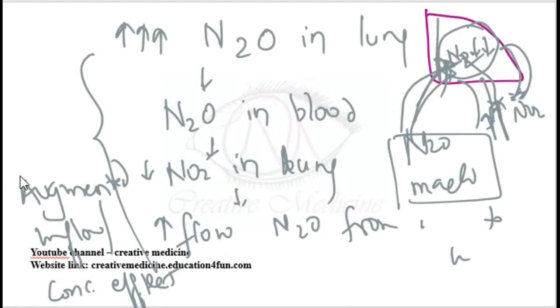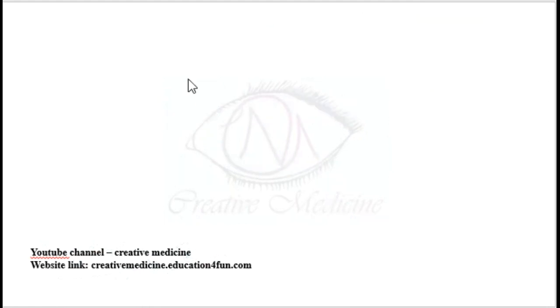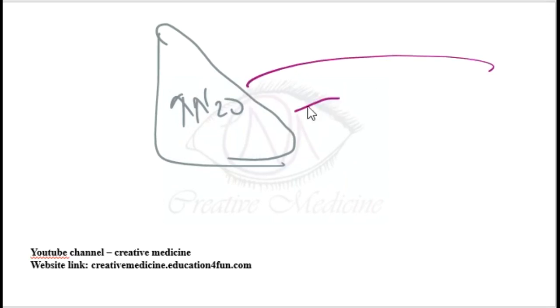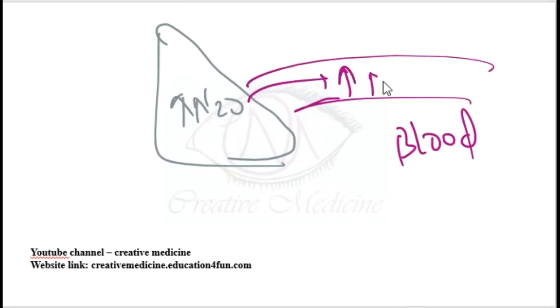Relating to nitrous oxide, we have four effects. First, there will be increased nitrous oxide concentration in the lungs. Because this concentration is more than that of blood, the nitrous oxide will go to the blood.